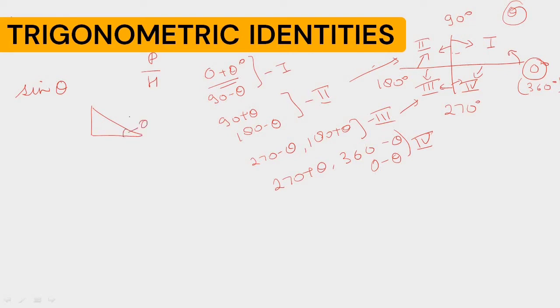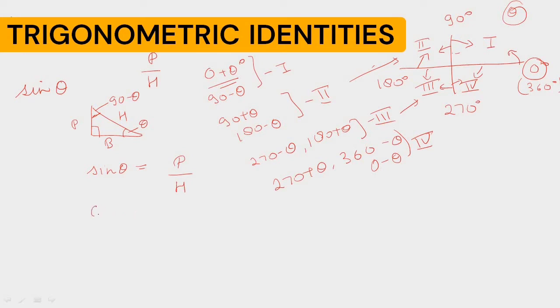Here it is theta, here it is perpendicular, here it is hypotenuse, base. What will be this angle? This will be 90 minus theta. So we can write here sine theta is equal to perpendicular upon hypotenuse.